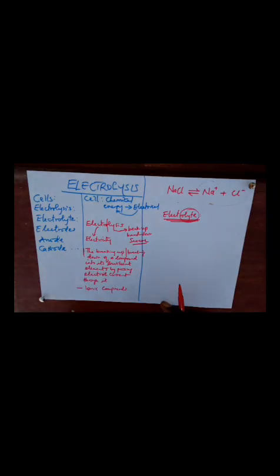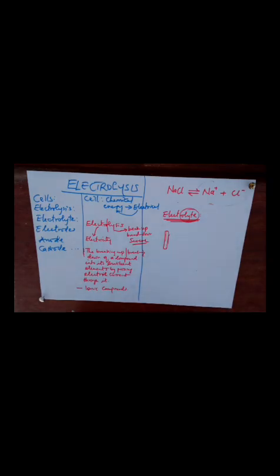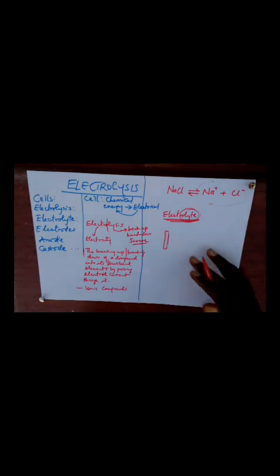Electrodes are mostly metals or solids that conduct electricity on their own, that can also let current pass through them. Electrodes are good conductors of electricity.